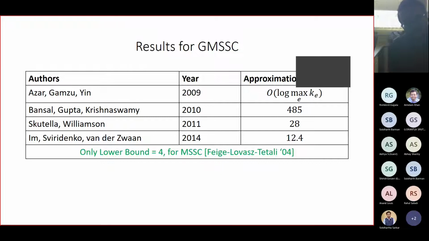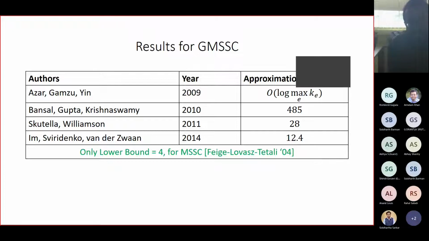Here Azar, Gamzu and Yin showed a log approximation, so log of the maximum covering requirement. And then Bansal, Gupta and Krishnaswamy gave the first constant. The constant was 485, and this was improved in a series of works by Skutella and Williamson to 28, and then by Im, Sviridenko and van der Zwaan to 12.4.